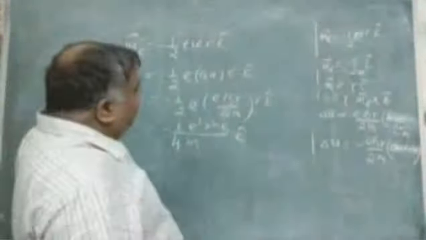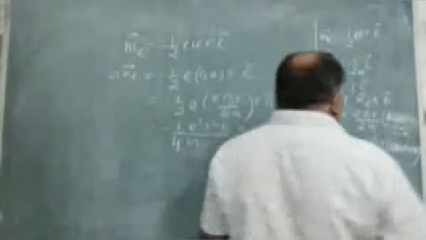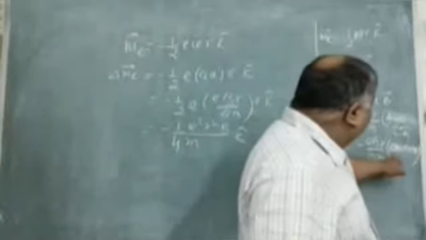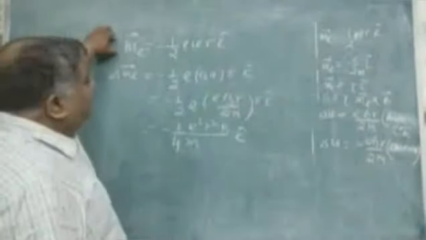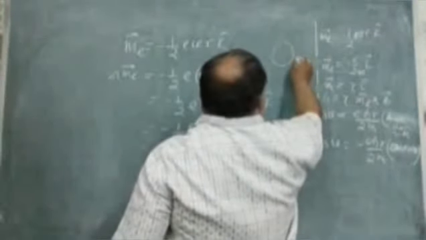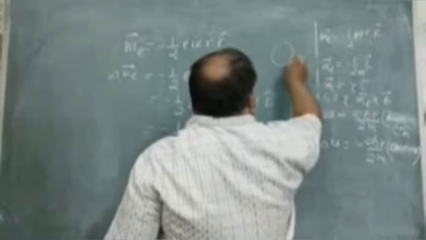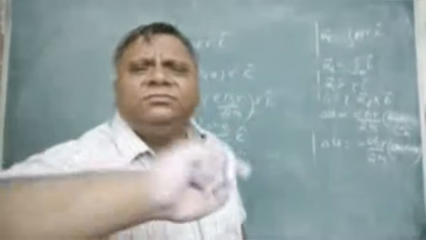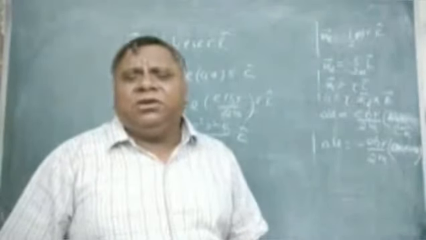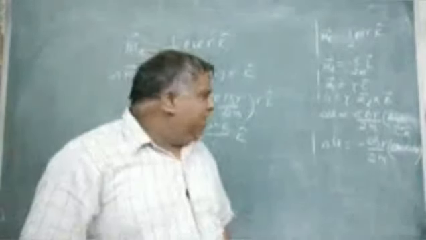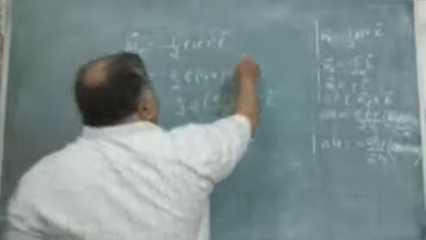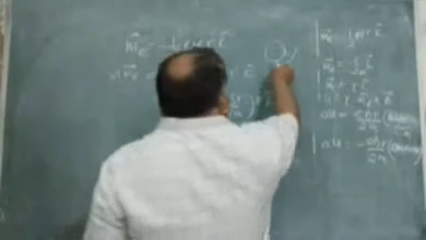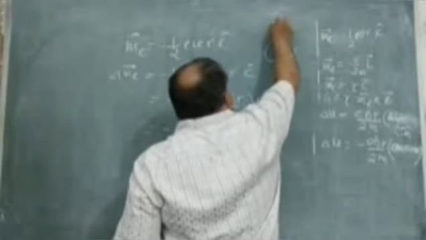Now, if you calculate the change in magnetic moment in case of electron moving in clockwise direction, the expression for ML: for the orbit in which electron is moving along clockwise direction, the current direction is opposite to this, and then the magnetic moment will be along the field.